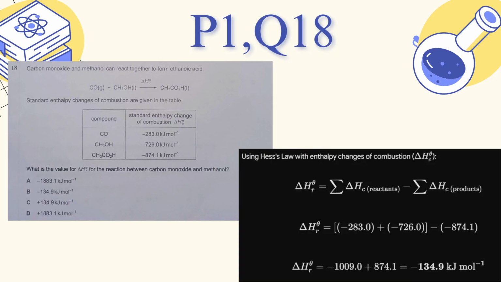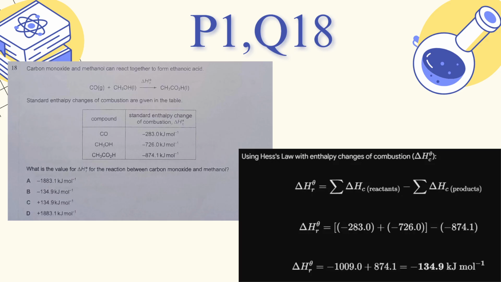Then we go to question number 18. Carbon monoxide and methanol can react together to form ethanoic acid. Standard enthalpy changes of combustion are given in the table. As you can see, what is the value of the enthalpy change for the reaction between carbon monoxide and methanol? We use Hess's law again.